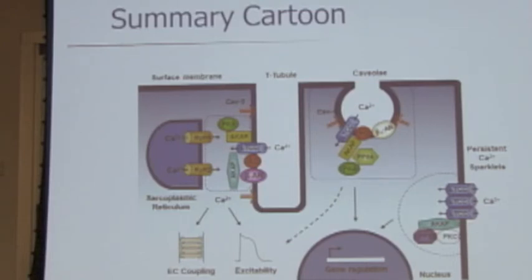And this is just a little summary diagram, oversimplified undoubtedly, to tell you that we think there are multiple populations of L-type calcium channels in cardiomyocytes. We focus primarily on ventricular myocytes. The story undoubtedly is a little different in atria and other specialized cells, nodal cells.